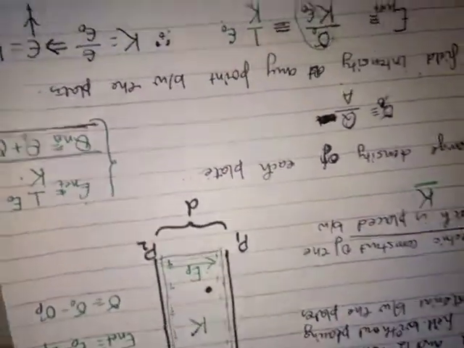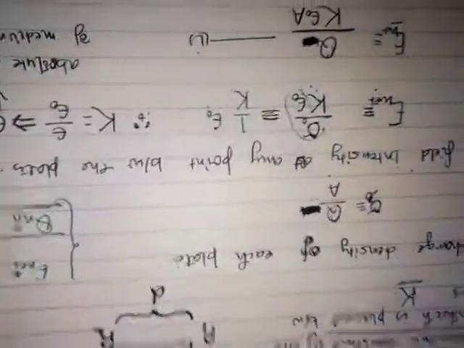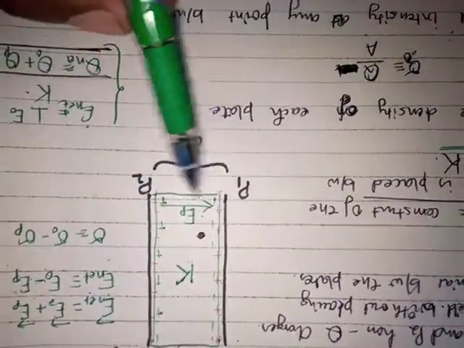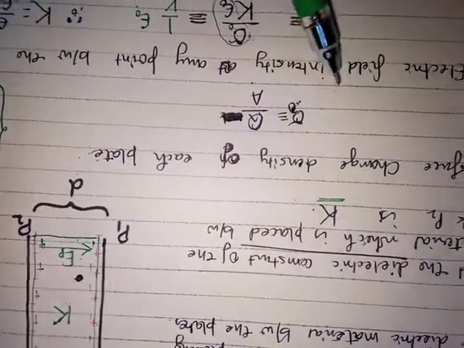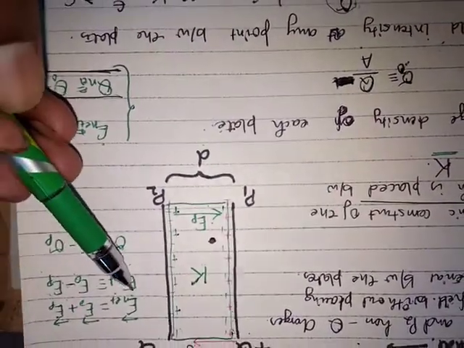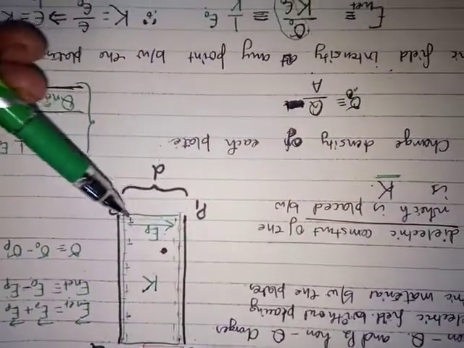So in this derivation we will do similar things. First we will calculate the net electric field between these two regions, which I already discussed in the class.